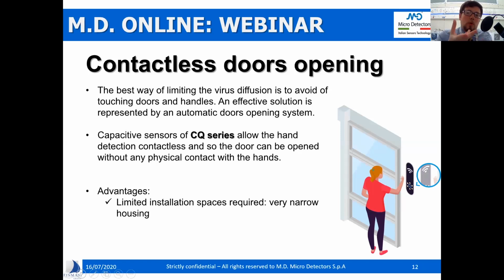We have installed for these applications as a solution a CQ50 sensor, which is a capacitive sensor of a rectangular housing, which is based on a high compactness, is very flat. So it's possible to install it wherever we want in limited installation places.